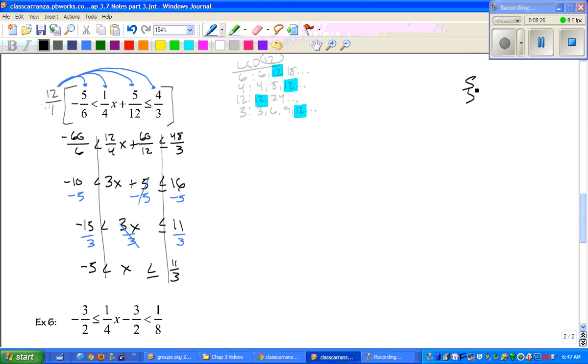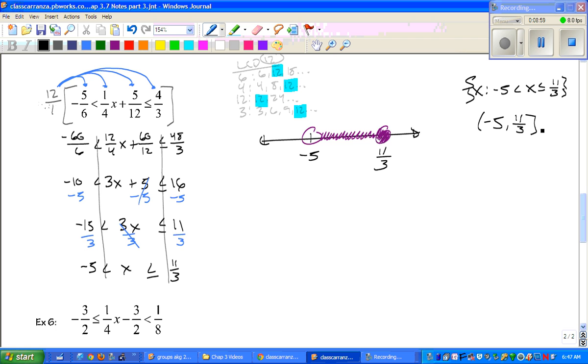So our set notation would be exactly what we just had. Don't freak out because it's a fraction. Because when we draw our graphs, we're just going to write it exactly as it is. And we've got an open circle at negative 5, a closed circle at 11/3, and then you're going to shade the middle. So writing that in interval notation, at negative 5 it's open, and 11 over 3 closed.